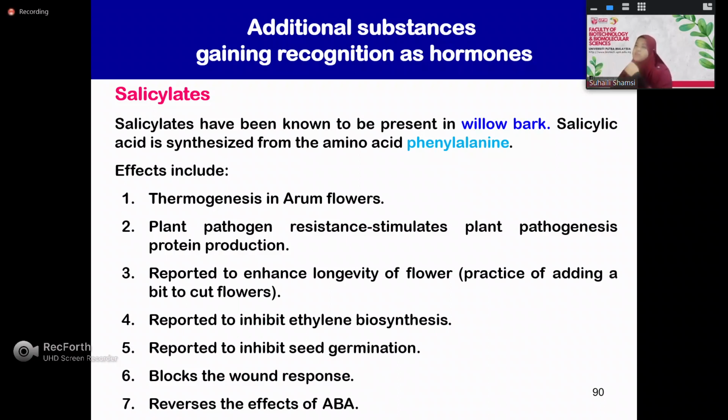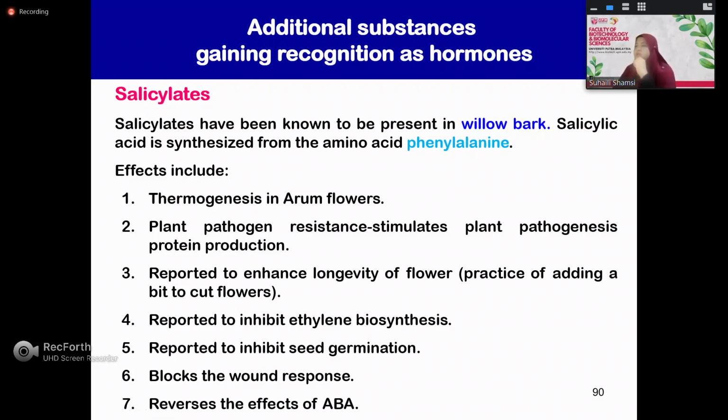Effects include thermogenesis in arum flowers and plant pathogen resistance. It stimulates pathogenesis-related protein production, and it is reported to enhance longevity of the flowers. So you don't really have a lot to know about this one. This is just a list of what salicylic acid does.